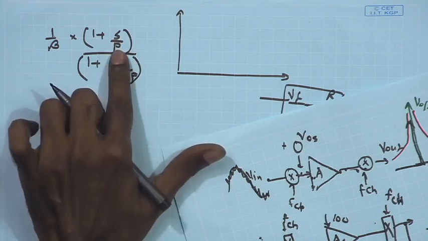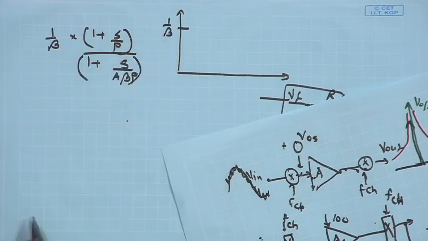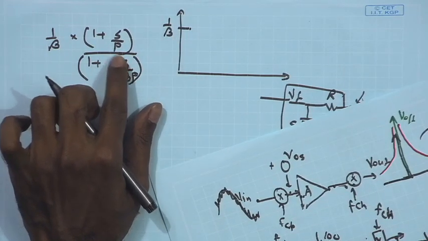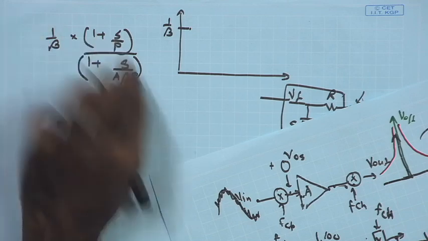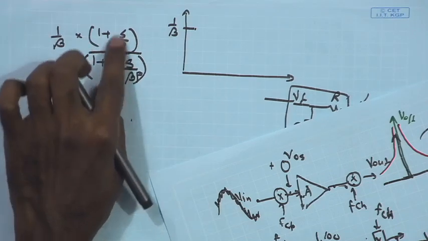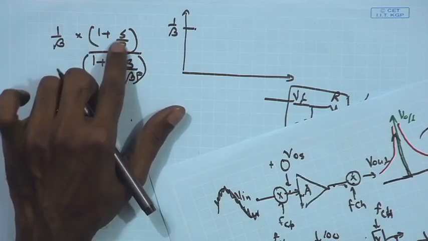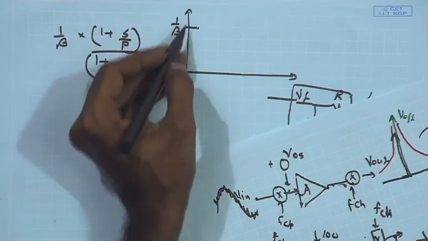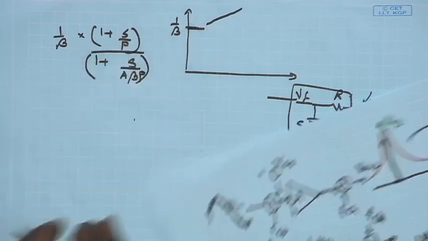So, at very low frequency the gain is just 1 upon beta, and then if I go towards frequencies much greater than p, you have the s upon p term coming over here, and as a result the gain starts increasing with s upon p.